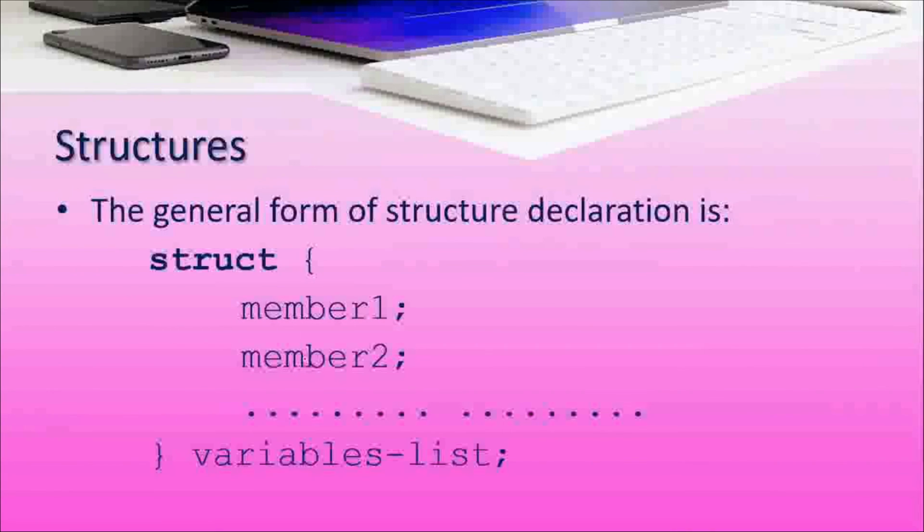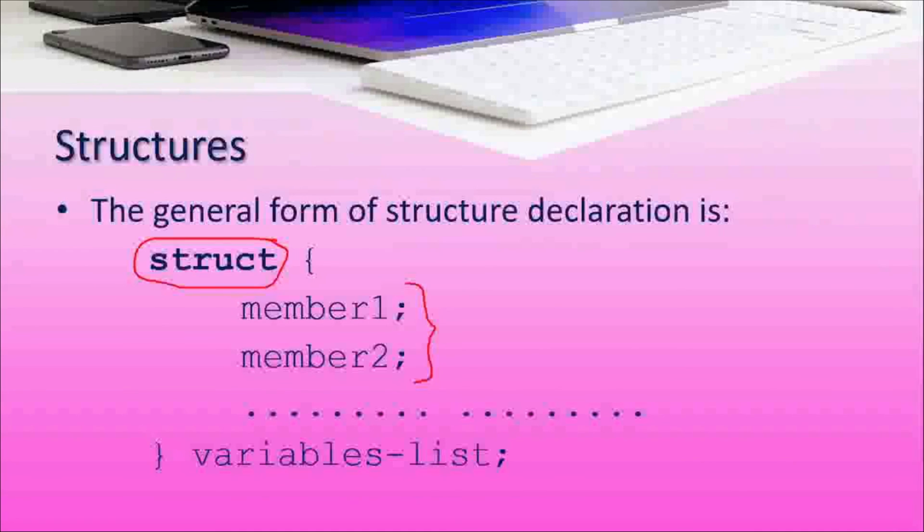So the general form of structure declaration is like this. Initially we have to give struct, it is a keyword. Then we start an opening brace, then member 1 as well as member 2. So member 1 as well as member 2 will be different data types. Likewise, however many members you need, you can define all of them.